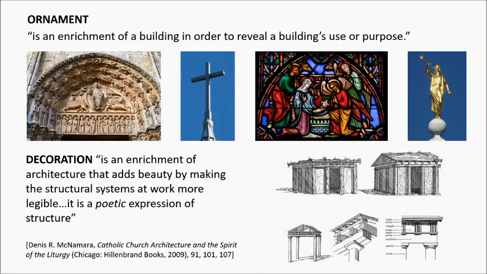He writes that ornament might be referred to as an enrichment of a building in order to reveal a building's use or purpose. So, for instance, we might encounter a portal in a Gothic cathedral with an image of Christ. That ornament reflects to us and reveals the building's use and purpose. Or find a crucifix on a steeple or in stained glass.